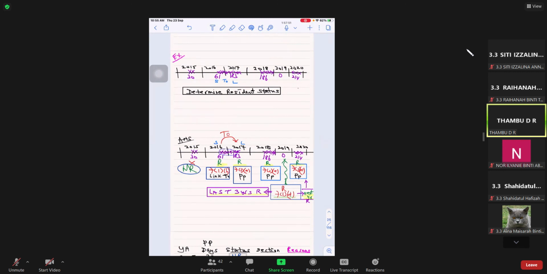Look at the end here. A short period connected to a long period without a break. So here will be B. Here is A because more than 182. There is no temporary absence. He actually stayed there 182. Okay? Any more questions?